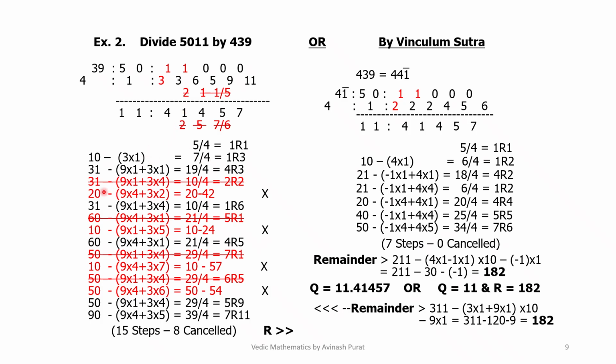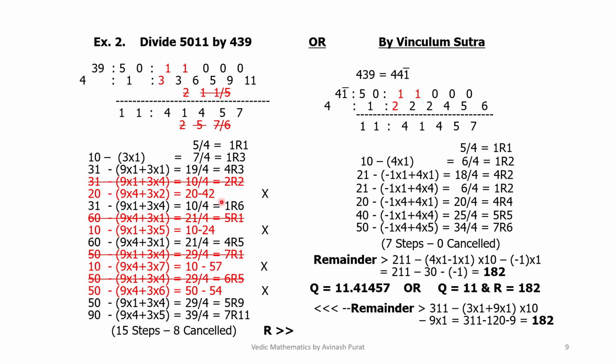But next dividend is 20. 20 minus 9 into 4 plus 3 into 2. That gives us 36 plus 6, 42, which is greater than 20. So 20 minus 42 is negative answer.